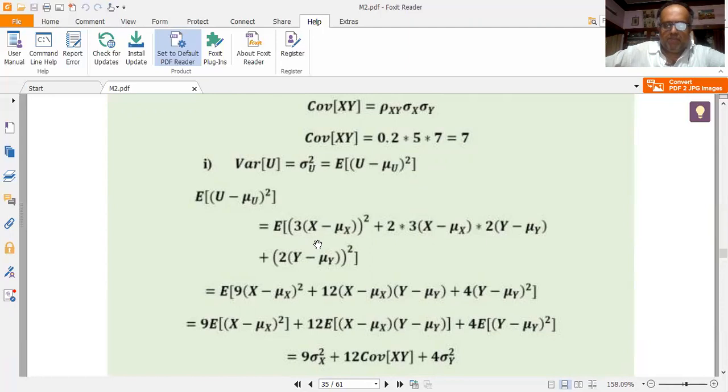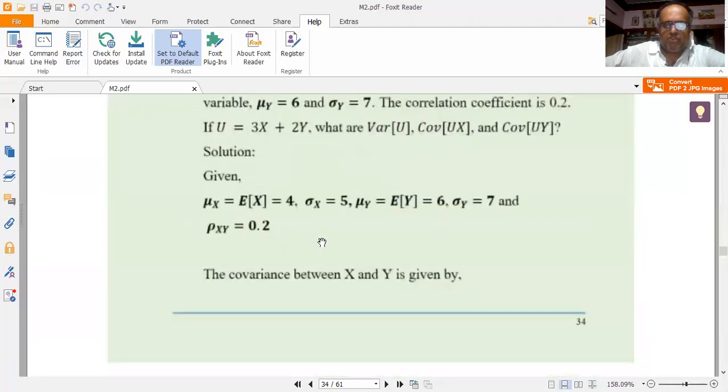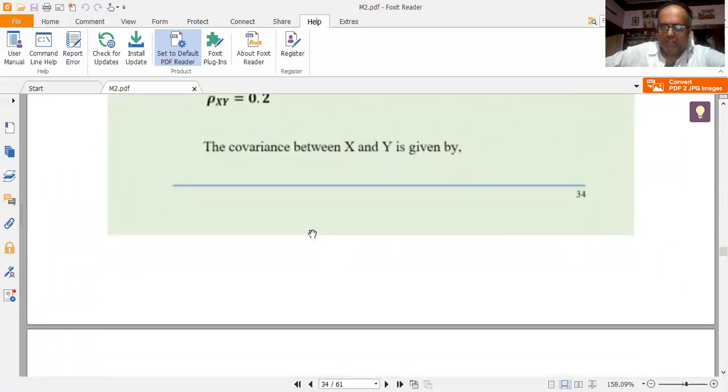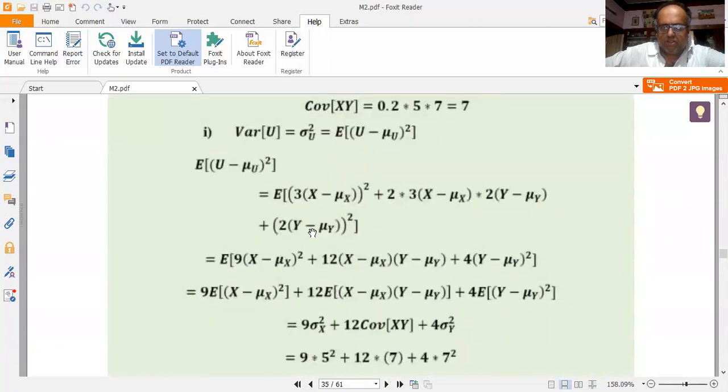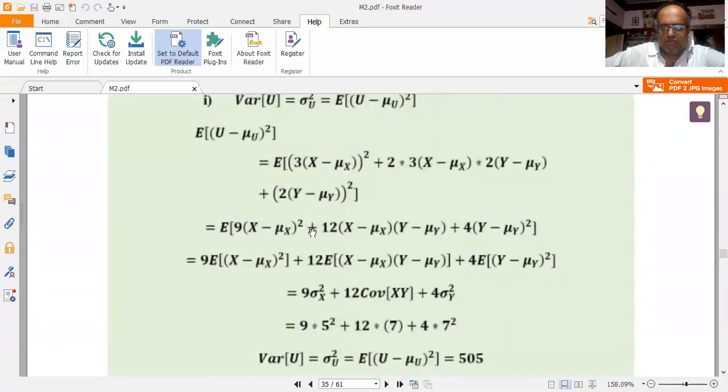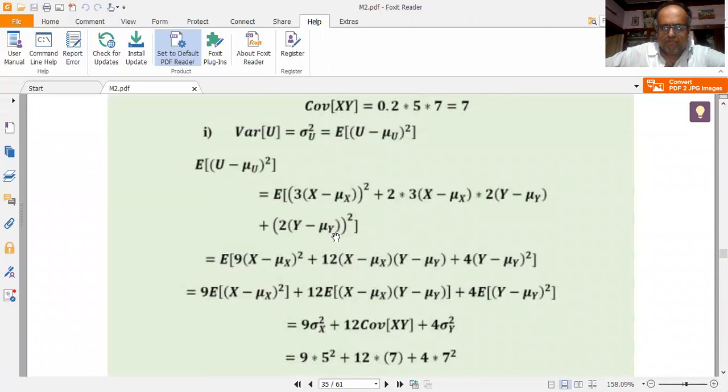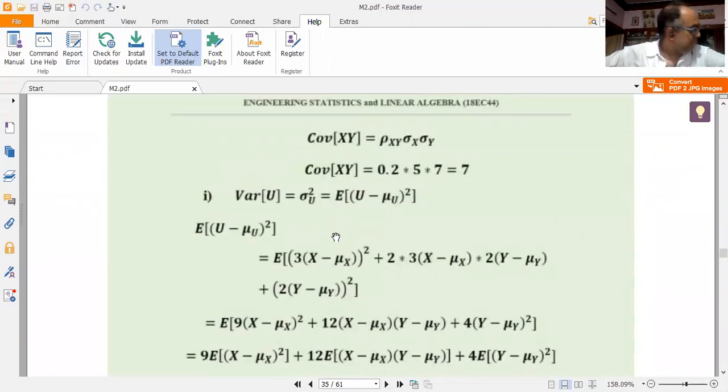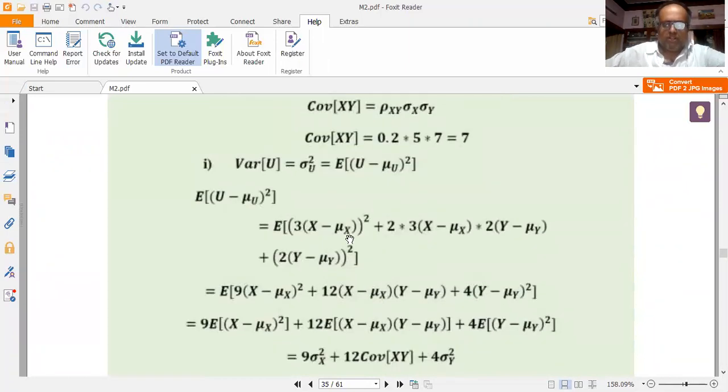So this is given by, now u is given by 3x plus 2y as per the data. So due to this, I get this as the expected value of 3 into x minus mu x the whole square plus 2 into 3 into x minus mu x into 2 into y minus mu y plus 2 into y minus mu y the whole square.